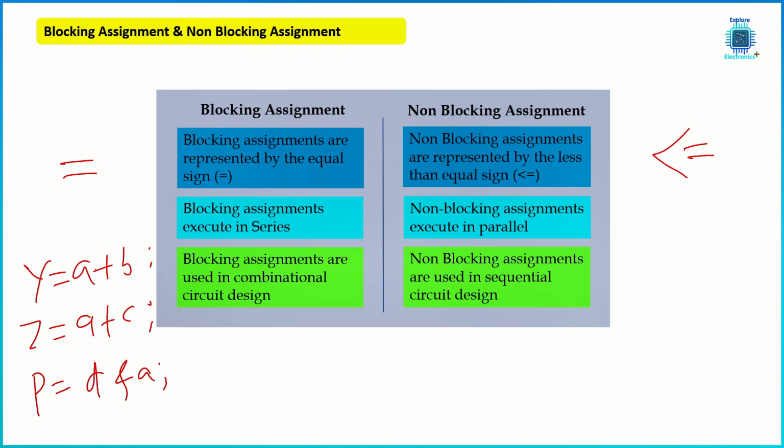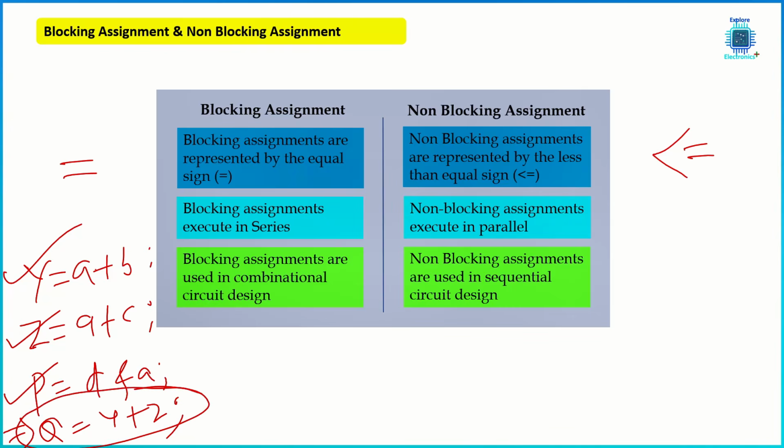In this case, first y = a + b will be executed, then z = a + c, then p = d & a. At the last, q = y + z will be executed.